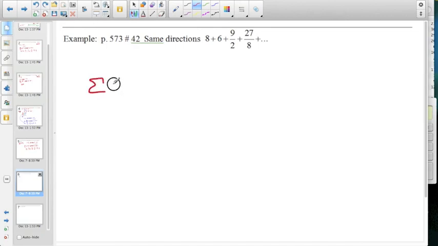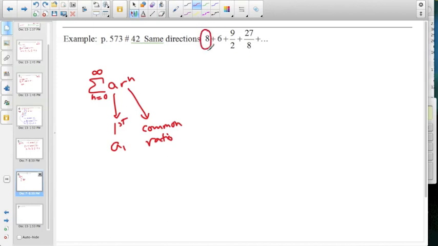And so we're looking at that basic form of the first term, that'd be the a sub 1 term, and then the common ratio. And so the first term is right here. You just find it at the beginning. Okay, no more difficult than that.